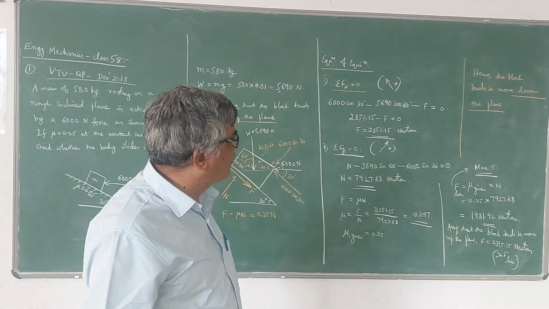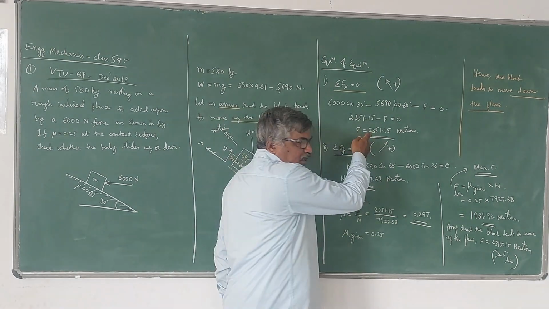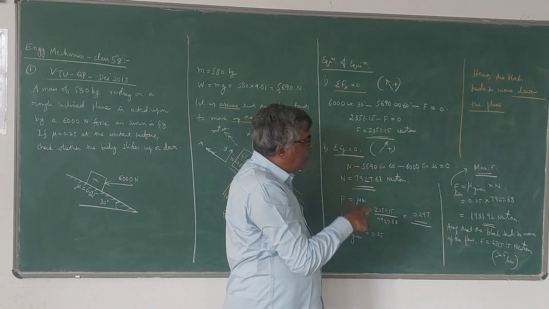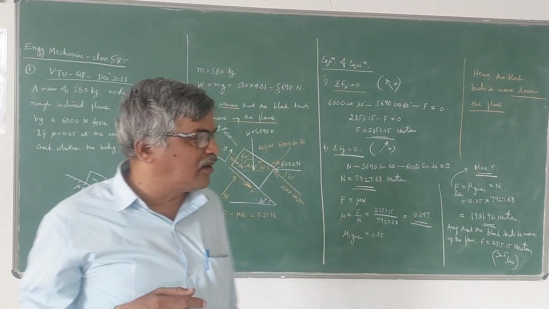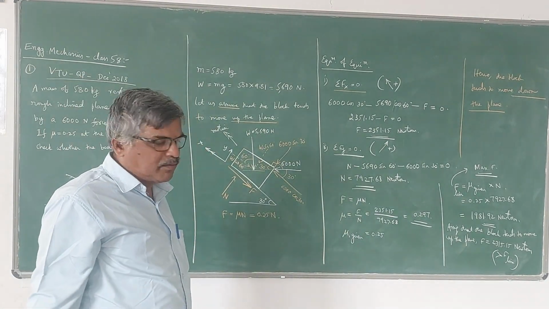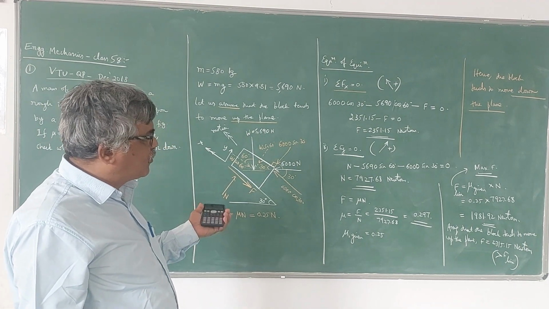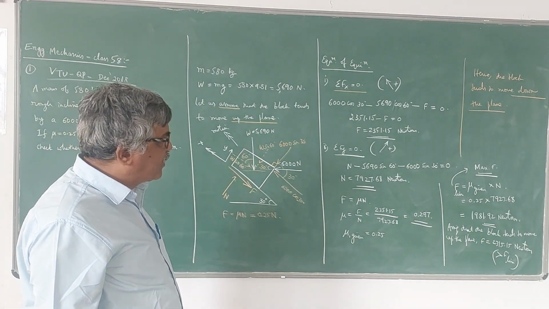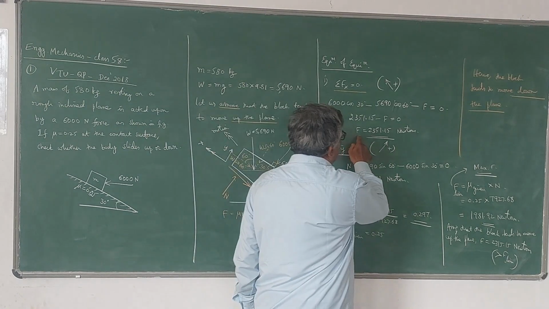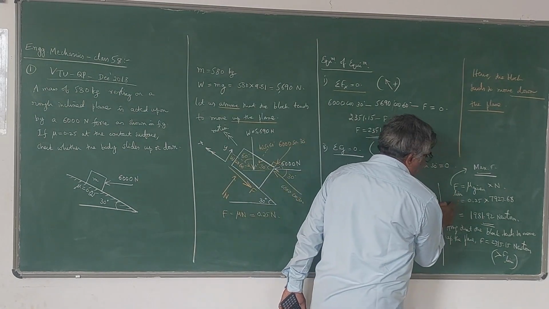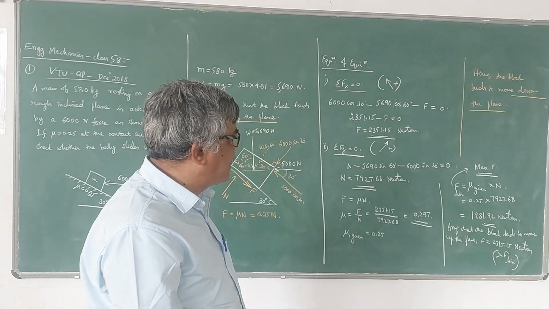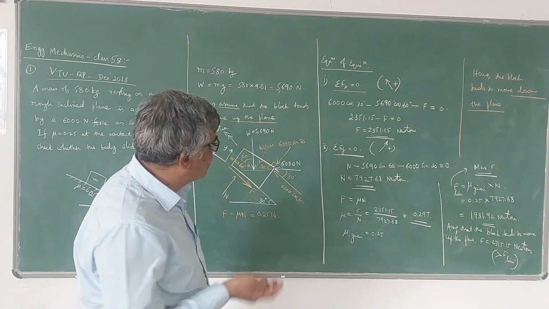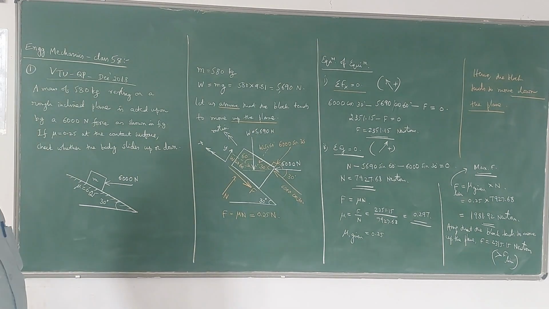So F value we have to find out assuming a certain direction of motion of the block. Then compare that F value with the maximum value of F, or the limiting value of F, because mu is given in the problem. Once you compare, if the value of F obtained is less than F limiting, then your assumed direction of motion is correct. Otherwise, it is in the opposite direction.